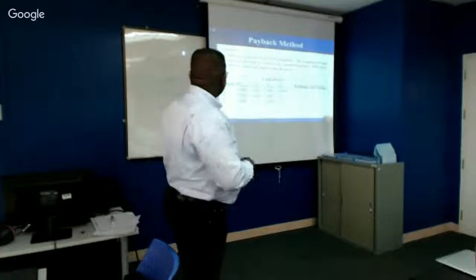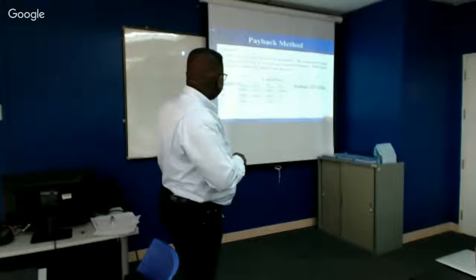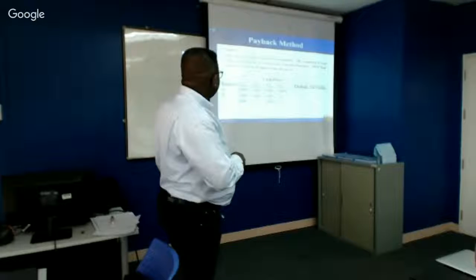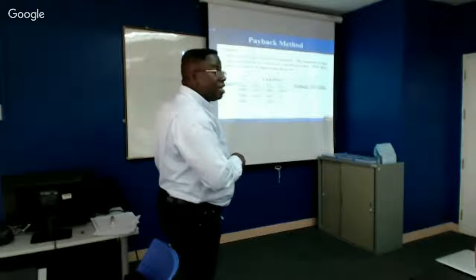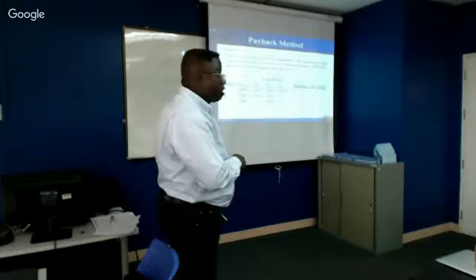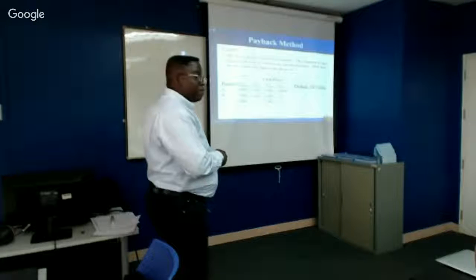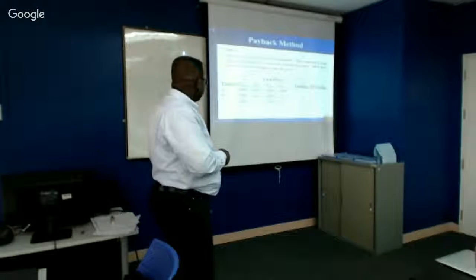Project A, the initial cash outflow is $2,000. In the first year, $1,000 was generated. Second year, $1,000. Third year, $1,000. Project B, initial outflow $2,000.